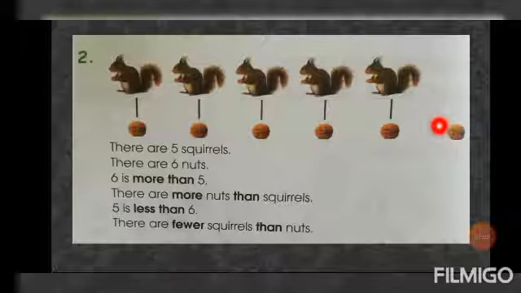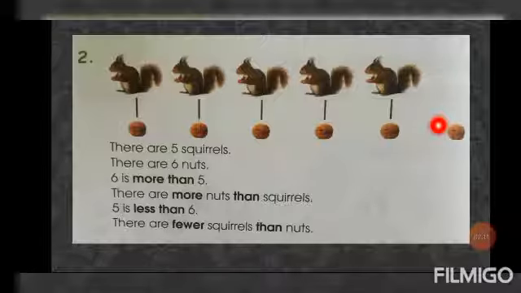So we have to count the squirrels and the nuts. Let's count how many squirrels are there. 1, 2, 3, 4, 5. There are 5 squirrels. And how many nuts are there? 1, 2, 3, 4, 5 and 6.